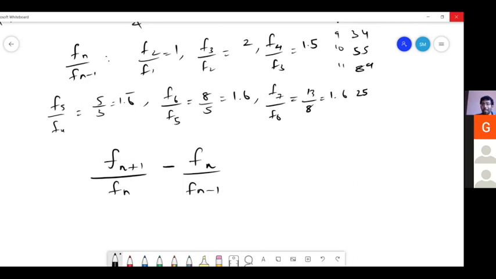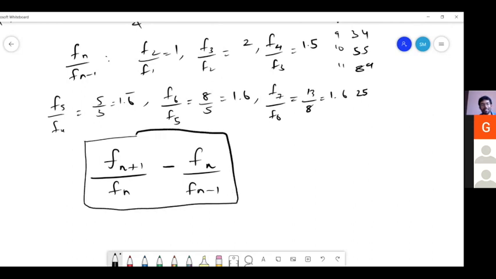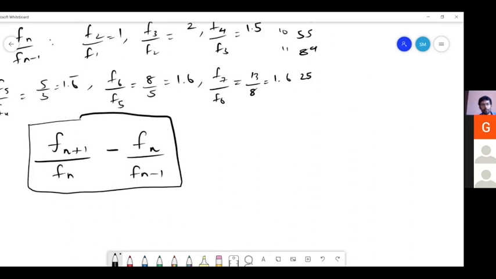Nice. But these Fibonacci numbers have a very nice structure, right? So using that, can we analyze this expression? Can we simplify this expression in the first place? Upon simplification, we can write it as Fn plus 1 into Fn minus 1 minus Fn squared, divided by Fn into Fn minus 1.